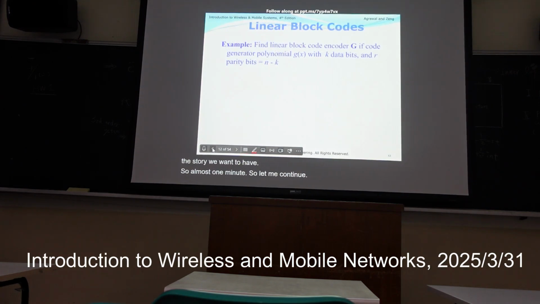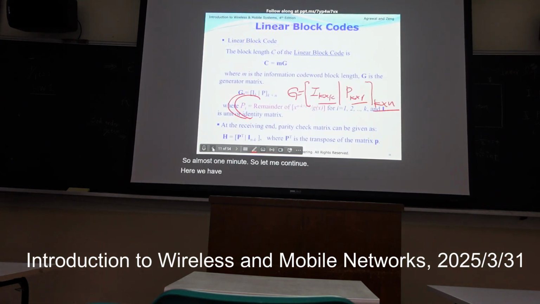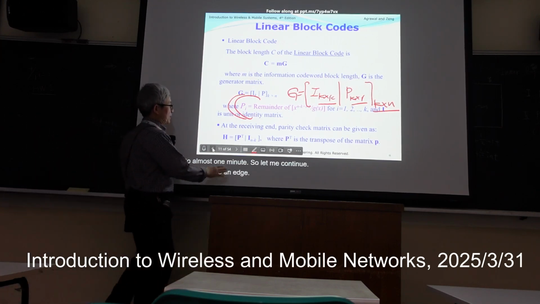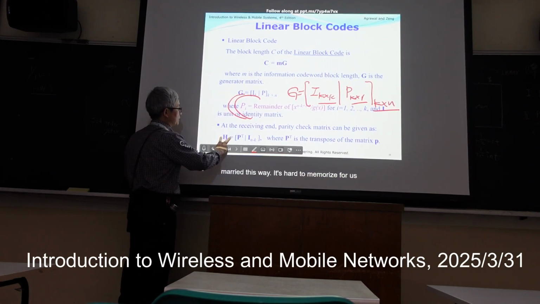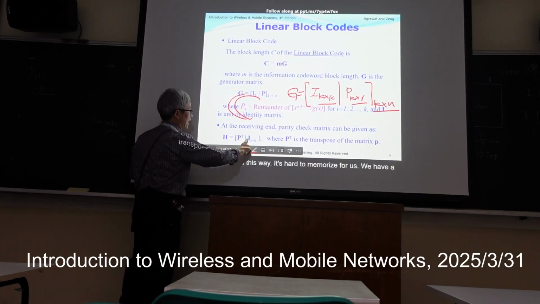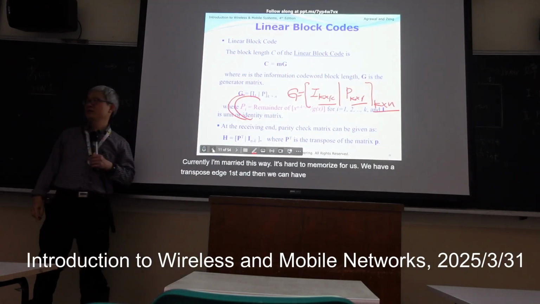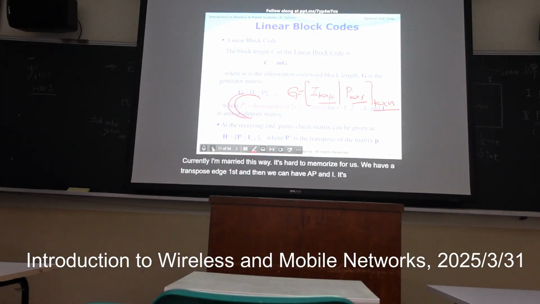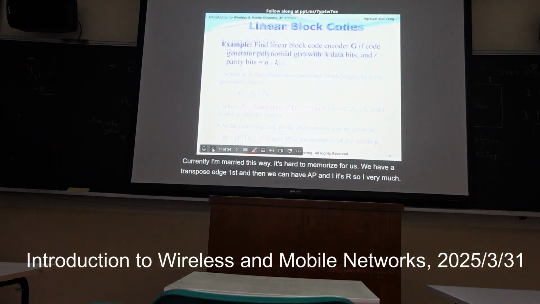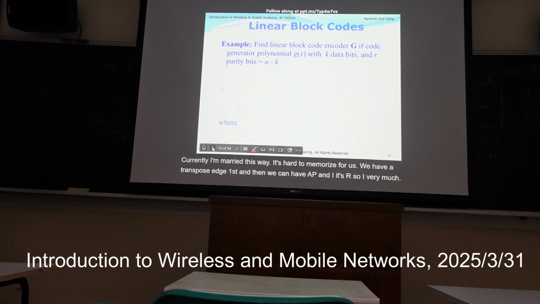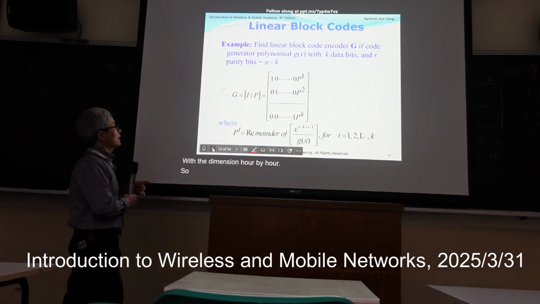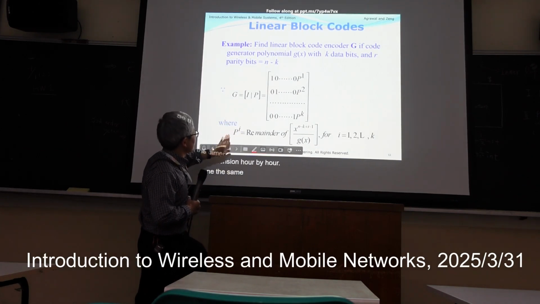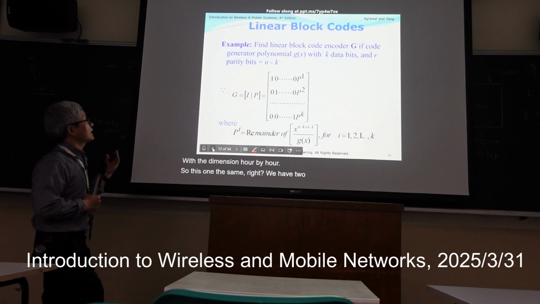Here we have H. Currently, this way it's hard to memorize, so perhaps we have transpose H first, and then we can have P and I sub R, the identity matrix with dimension R by R. So this one is the same, right? We have G equal to this, with the weight, so up to now the same.